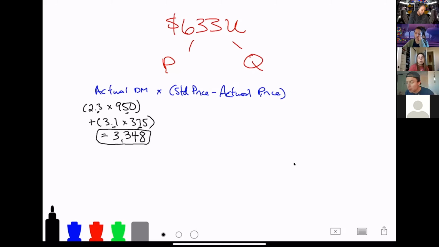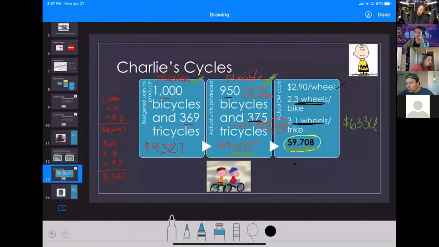That makes sense. Thank you. And then I'm going to multiply it by the difference between our standard price, which is $3, minus our actual price, $2.90. That's this number right here, $2.90 per wheel.